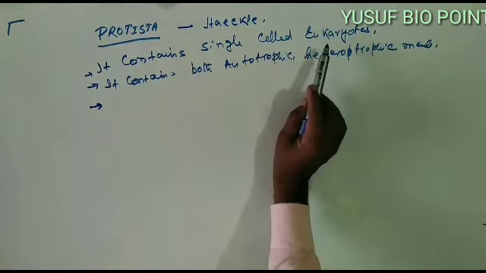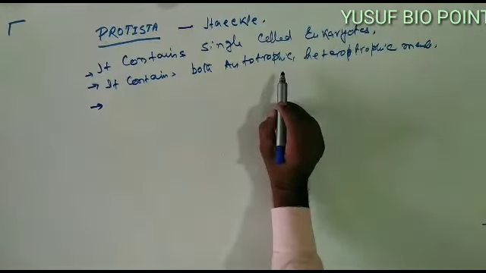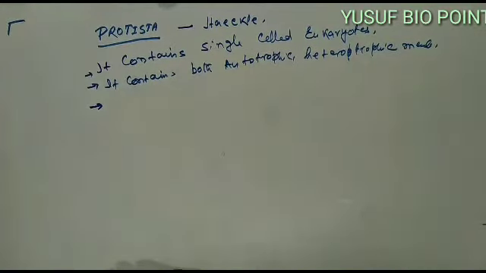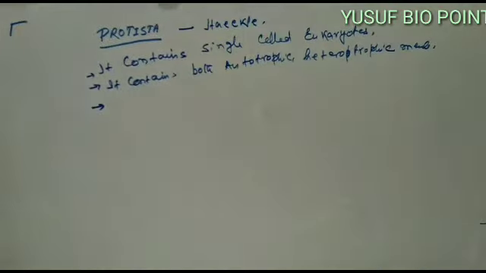It contains both autotrophic and heterotrophic members, meaning both autotrophic, that is photosynthesis, and heterotrophic, that is parasitic and saprophytic modes of nutrition, are found in that. Understand?